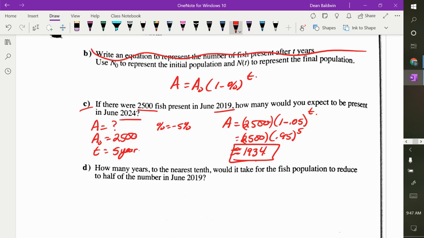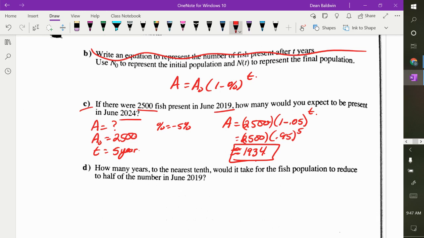Since they're 5 years, it's decreasing by 5% every year. Is it decreasing by 5% of the initial amount or 5% of the new amount every year? Of the new amount every year. Oh. So they can never be zero. Well, that's the whole half-life argument, right? Eventually it does go to zero, but it's like half of a half of a half. So theoretically, it never goes to zero, but obviously it does.